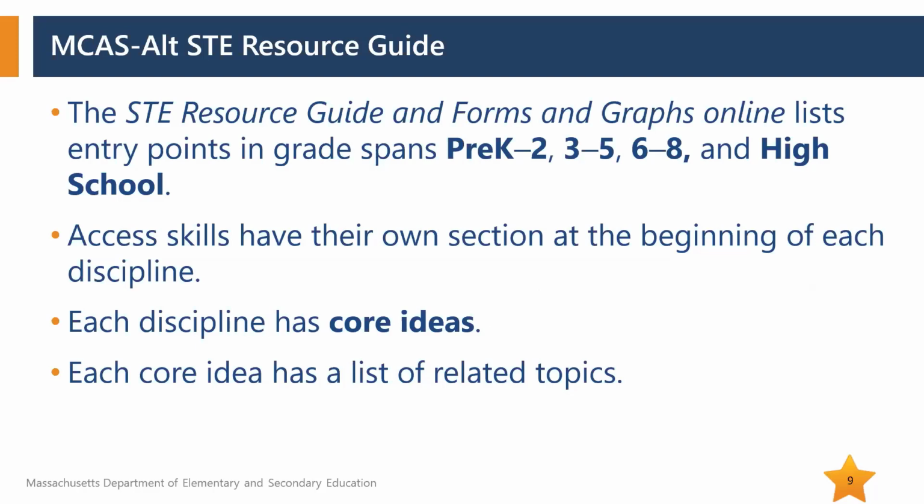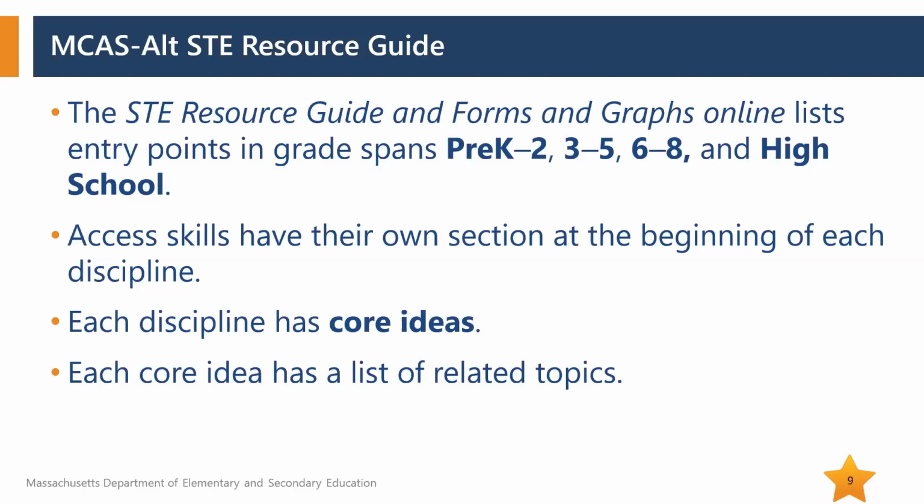So just like we saw in the skill survey, the forms and graphs and the resource guide have entry points broken down into grade spans for pre-K to 2, 3 to 5, 6 to 8, and high school. But if you're working at an access skill level, they have their very own section, and that's at the beginning of each discipline. And remember, we talked about each discipline has core ideas, and that's important.